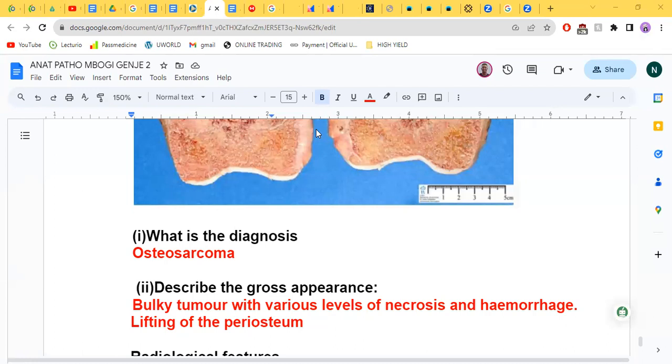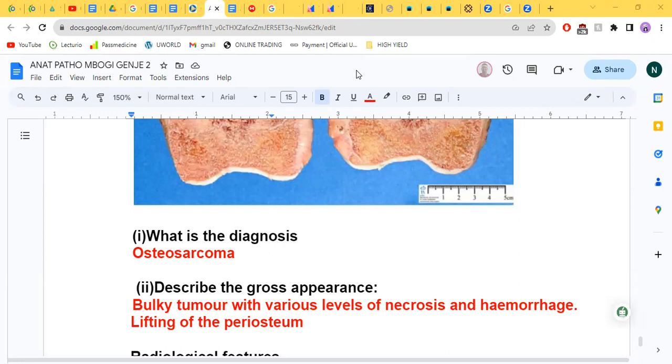Now, someone tell us the microscopic features of osteosarcoma, which is important. Sunburst appearance is a radiological feature, and maybe you can use it to differentiate it from the TB one, also the Codman's triangle. Now, what are the microscopic features of osteosarcoma? Maybe someone can put them on the chat.